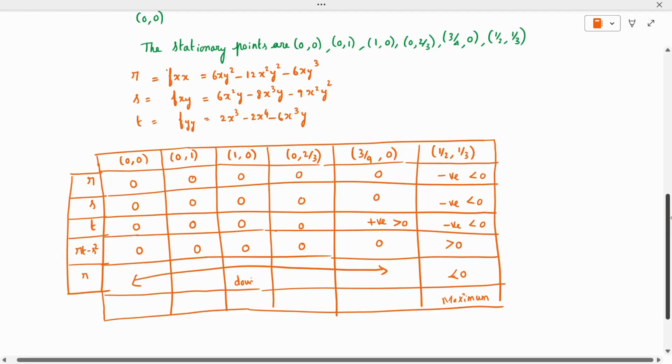So this is what I have to write. It's inconclusive or doubtful, or further investigation is needed. Anything you can write; we'll write inconclusive. No conclusions are there. We need not do anything.